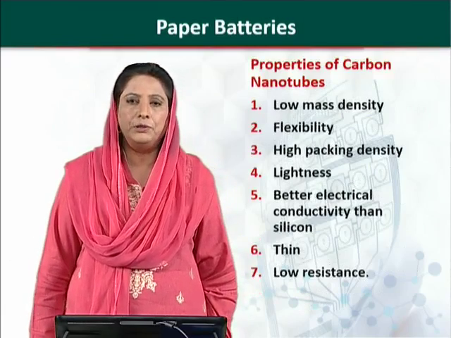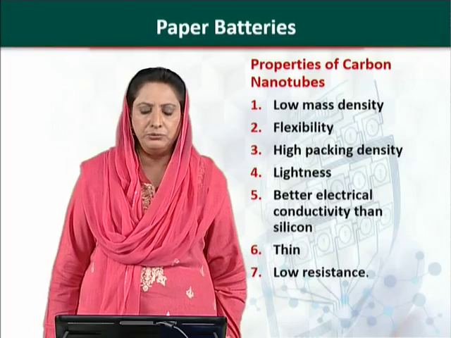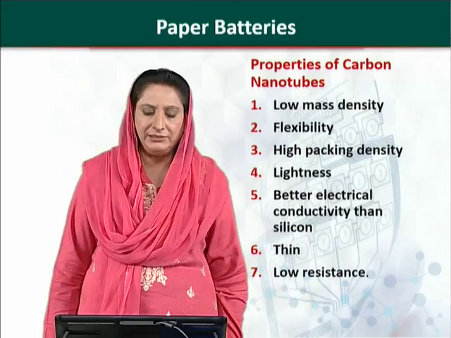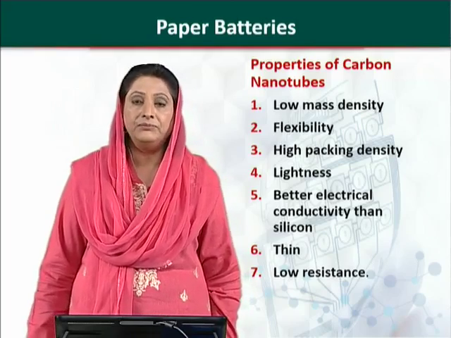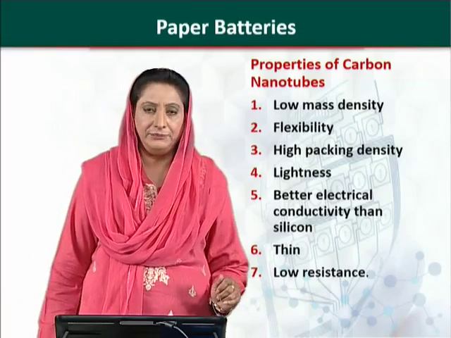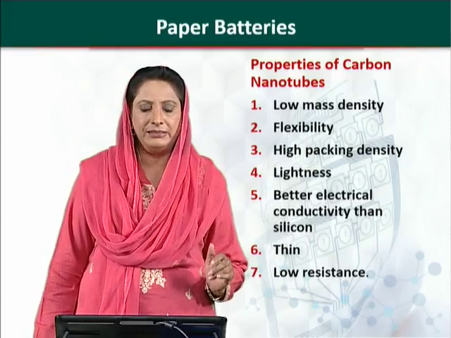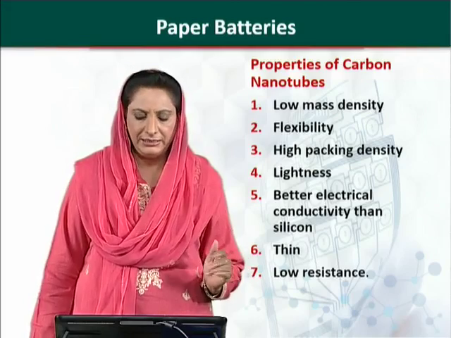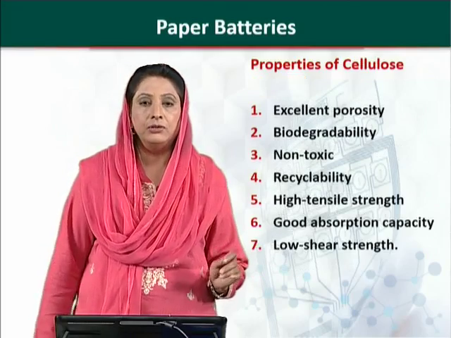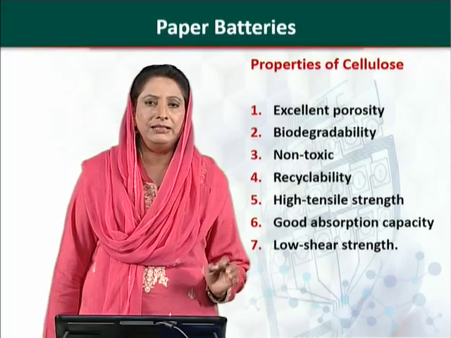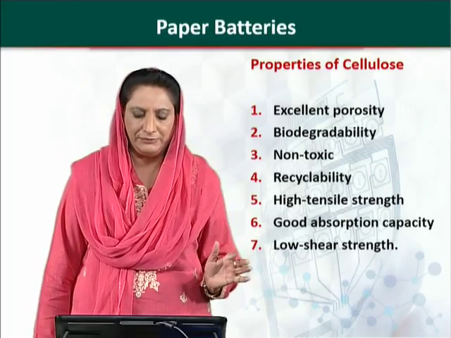So what are the properties of carbon nanotubes? Carbon nanotubes have low mass density, they are flexible, they have high packing density, they are light, and they are better electrical conductors. They are thin and have low resistance. So these are the main properties of the carbon nanotubes that they are used in the paper-based batteries.